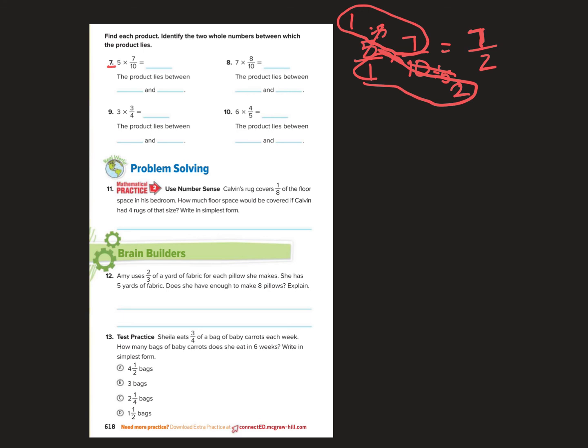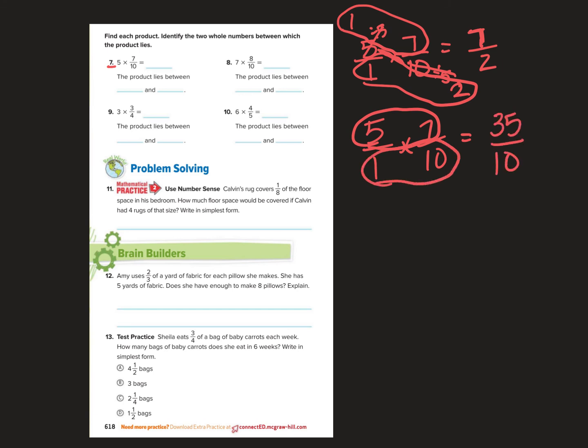Then I'd have to make it an improper or a mixed number, right? If I didn't want to do that, I can do it normal ways. If I don't see that quite yet, we'll practice that more. I can just do 5 times 7 equals 35. 1 times 10 equals 10. Okay, let's see if we get the same answer. So if I break this guy out, I get 10 tens, 10 tens, 10 tens, and 5 tens.